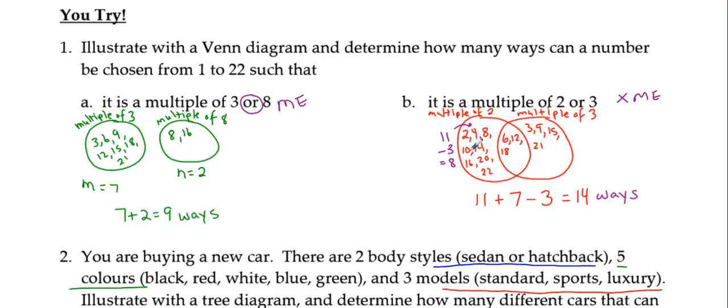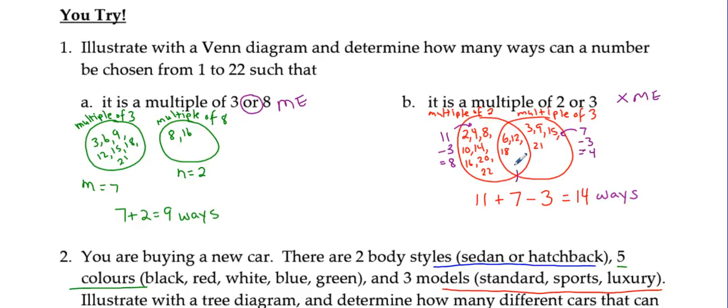So there were 8 numbers that were only multiples of 2. This section here, there were 7 multiples of 3 in the whole circle. If you take away the 3 that were overlapped, that means there were 4 numbers that were only multiples of 3.